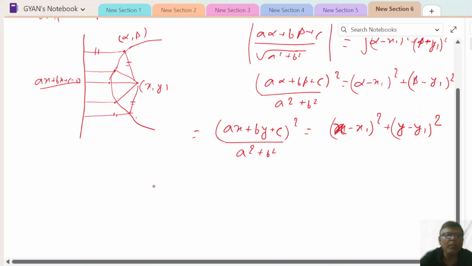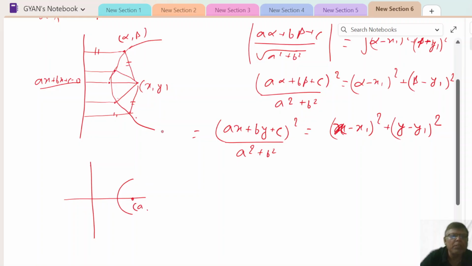Now suppose we want to calculate for this. This point is called the focus and this line is called the directrix. The fixed line is called the directrix and the fixed point is called the focus.